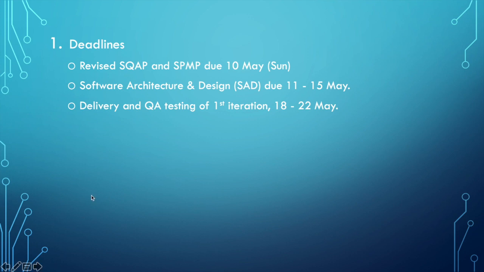Okay. Next up is the software architecture and design, and this document contains mainly UML diagrams, package diagrams, component diagrams, class diagrams, which represent the architecture of your software.